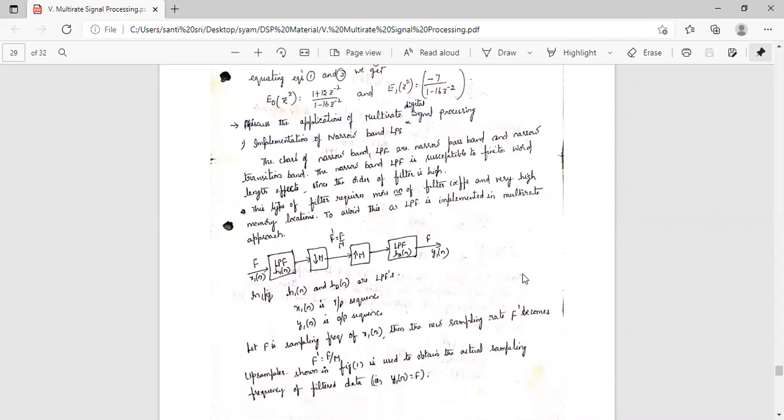Then the new sampling rate F' is equal to F by M. First of all, the upsampler shown in figure 1 is used to obtain the actual sampling frequency of the filtered data, that is Y1(n), equal to F.